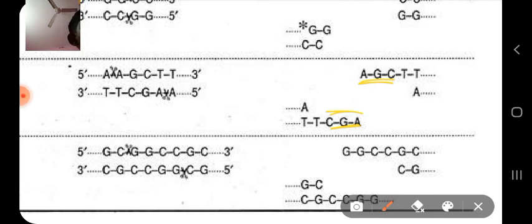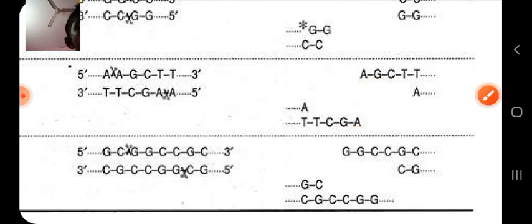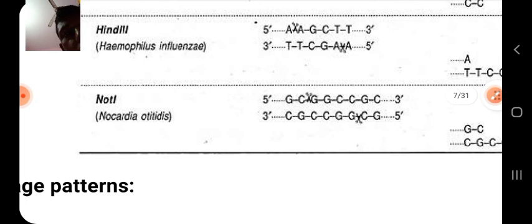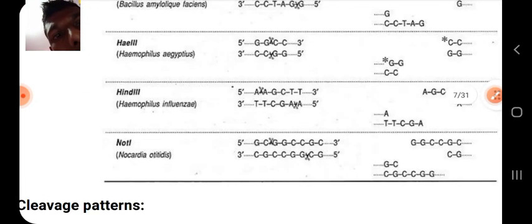Sticky ends are very easy for us to use because by generating sticky ends we can insert our DNA, which should also have a sticky end like that, and join them properly by complementary base pairing. Then another enzyme is there.